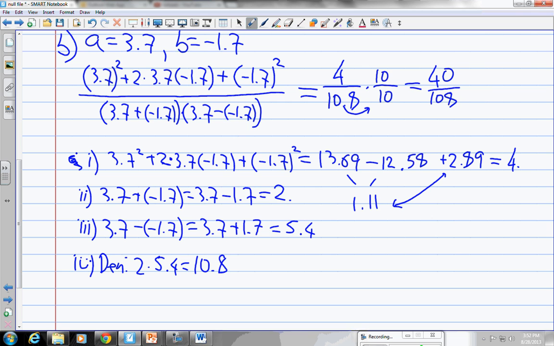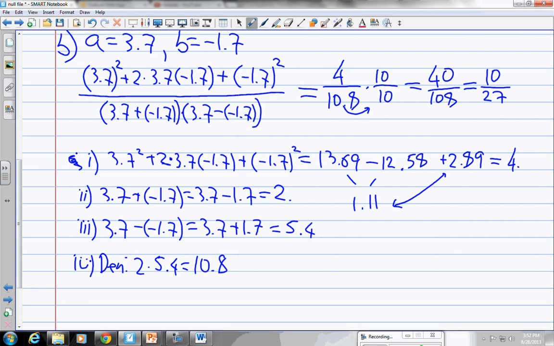Now I can still reduce that, can I? I can probably reduce this by at least... I can reduce it by 4. It's 10 over 27.